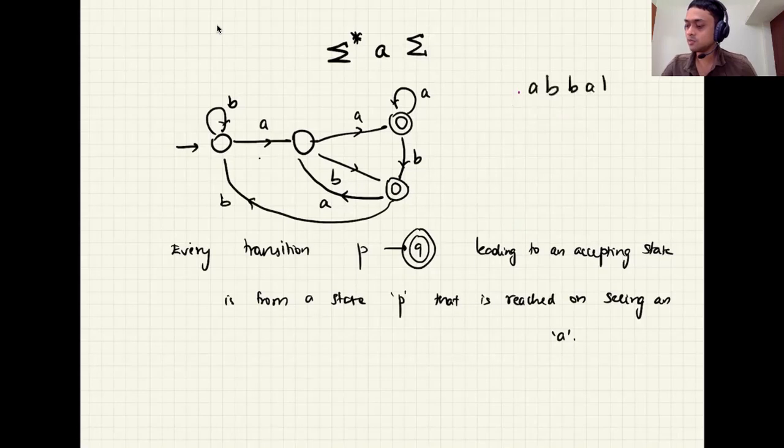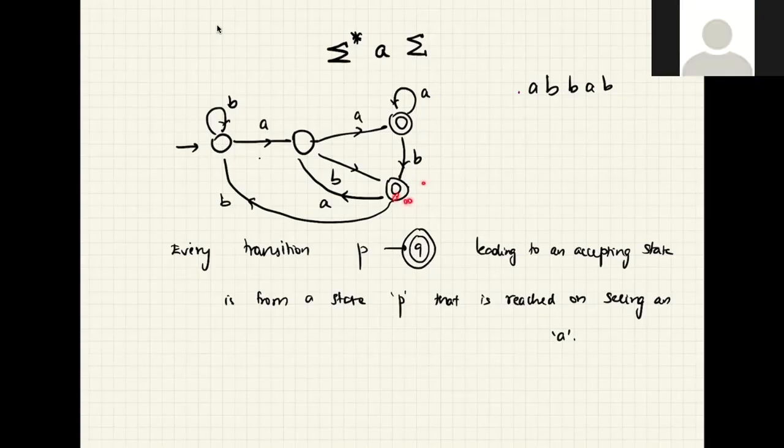Otherwise, how would you accept A, B, B, A, B? Yeah, I missed the B transition here.